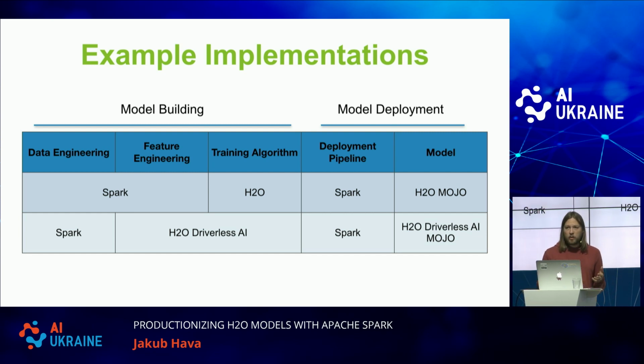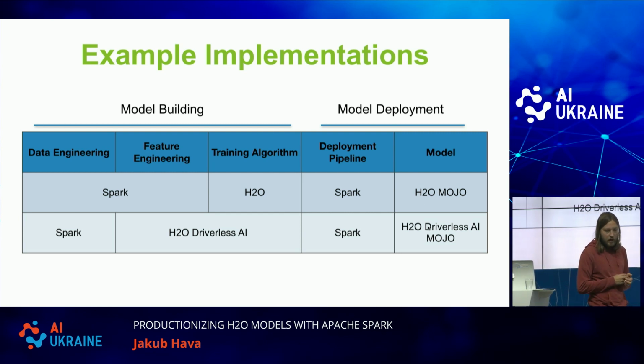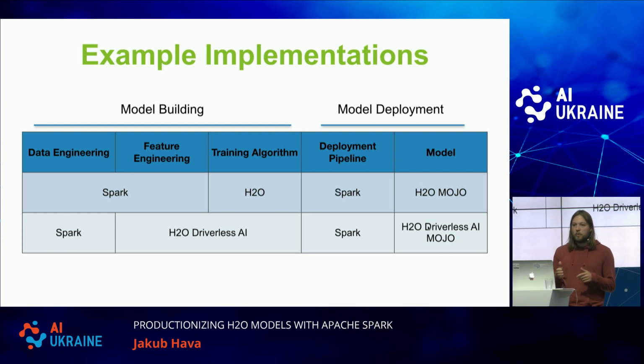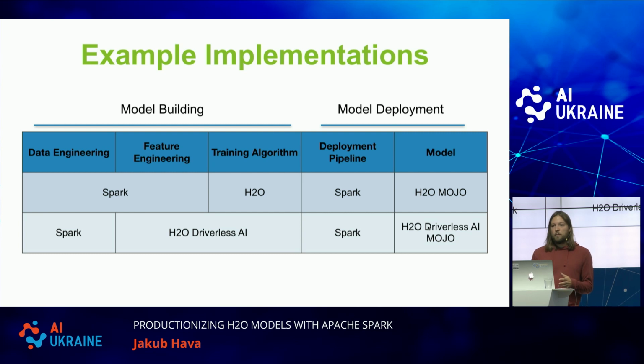It will give you the best model, again, within the given constraints. Compared to AutoML, it does feature engineering. AutoML in H2O doesn't have feature engineering. We can then use Spark for deployment, and this time the artifact which comes out of this implementation is called the H2O Driverless AI MOJO. Why is it different? It's different because this time it consists of feature transformation steps and the model training. Before it was Spark and H2O, right now it will be just one H2O artifact.